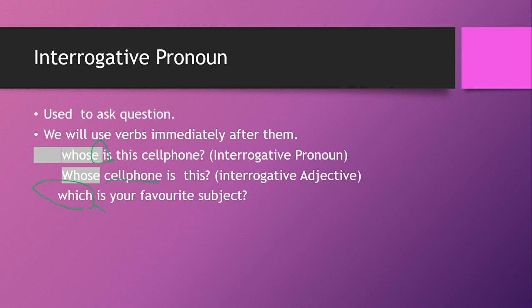This whose is an example of an interrogative pronoun. But if I place a noun after this question word, whose, it would become an interrogative adjective. That is the basic difference between calling it an interrogative pronoun or an interrogative adjective.